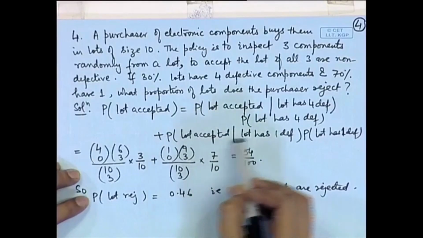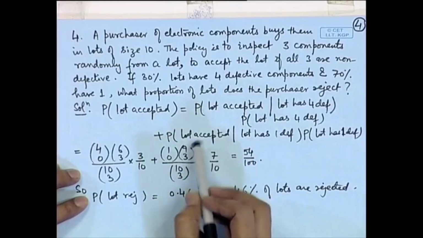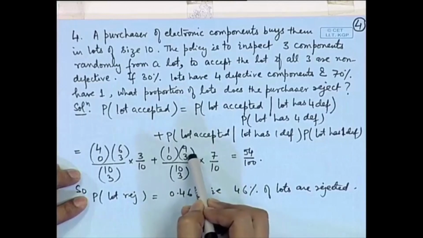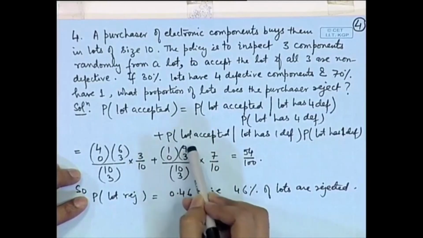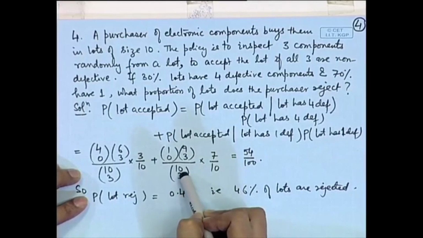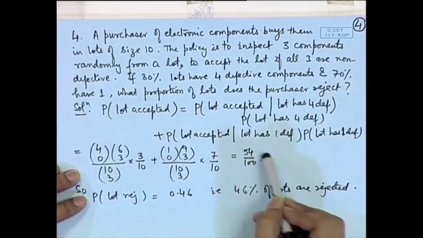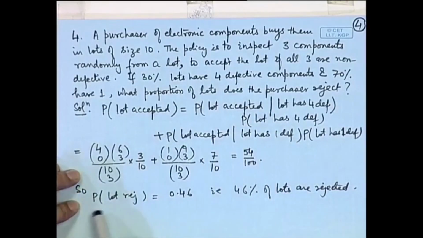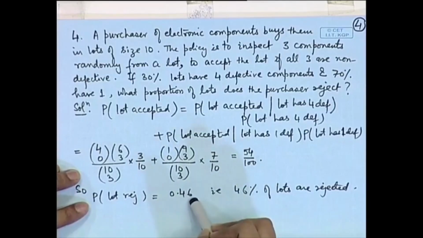In the second case, if the lot has 1 defective, then out of 10, 9 are good and 1 is defective, and in our selection all the 3 must be from the good ones. So, it is 1 C 0 times 9 C 3 divided by 10 C 3. After simplification this turns out to be 0.54. So, the probability of the lot getting rejected will be 1 minus this, that is 0.46.